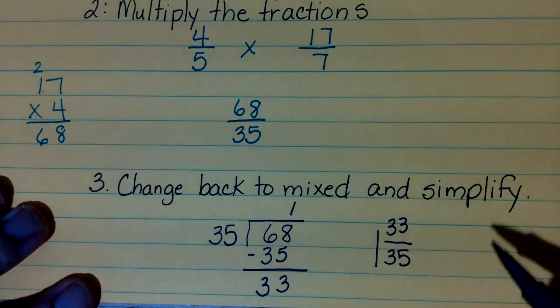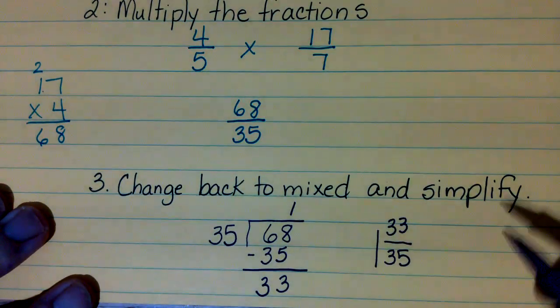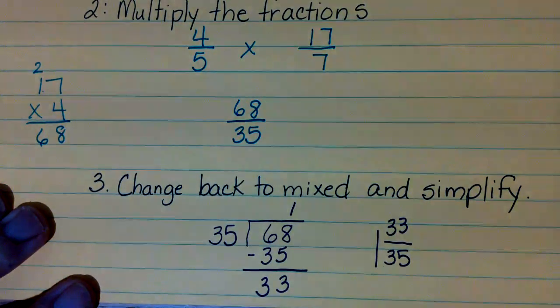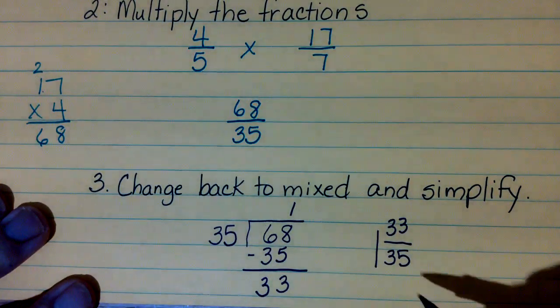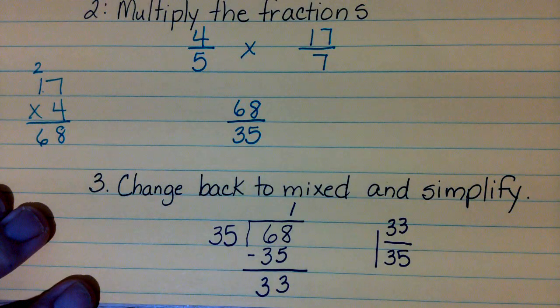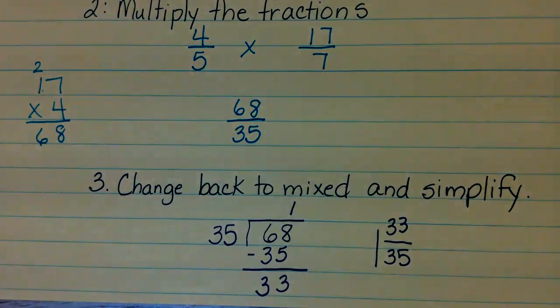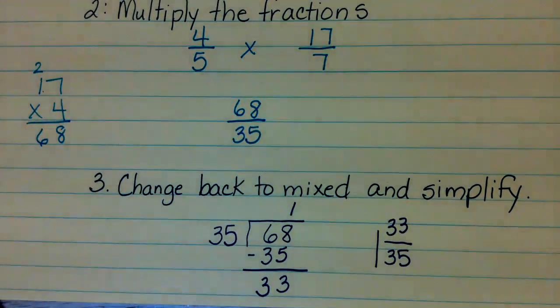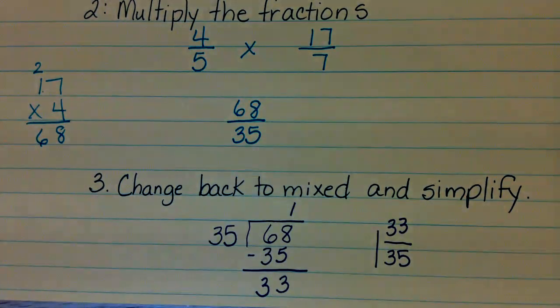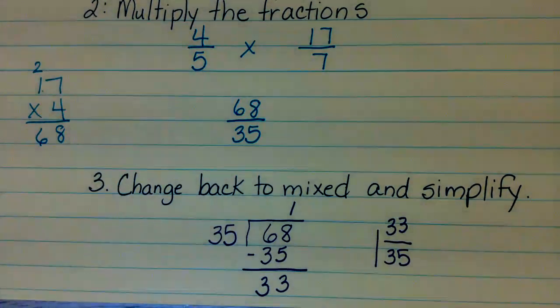I know that 33 is divisible by 1, 11, 3, 33. 35 is divisible by 1, 5, 7, and 35. So I don't think that there's a greatest common factor between these two. So that's how you multiply a fraction times a mixed number.